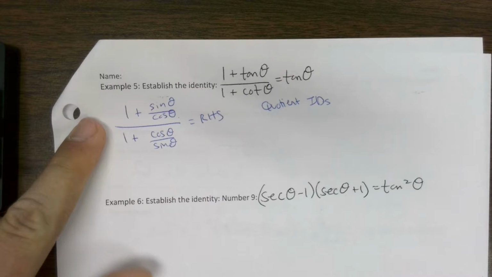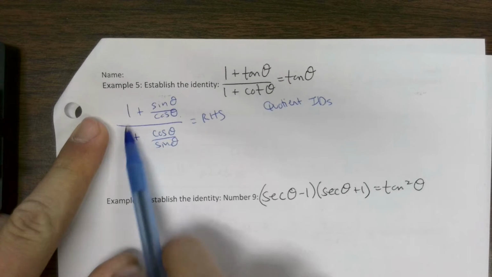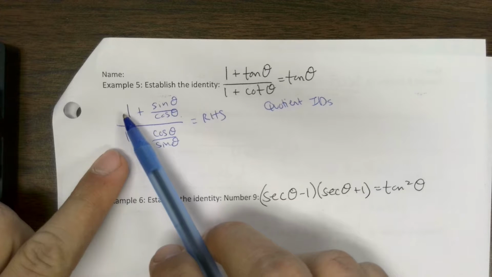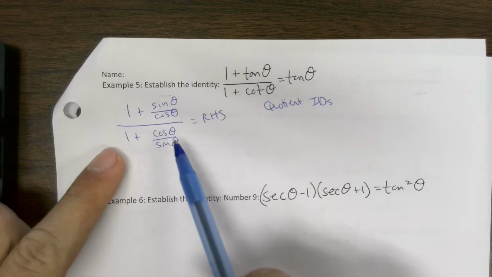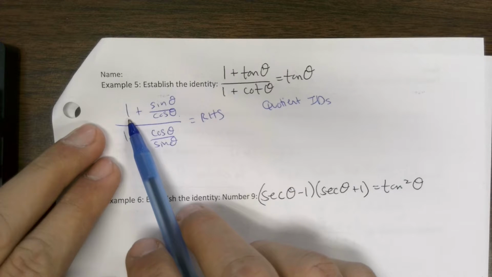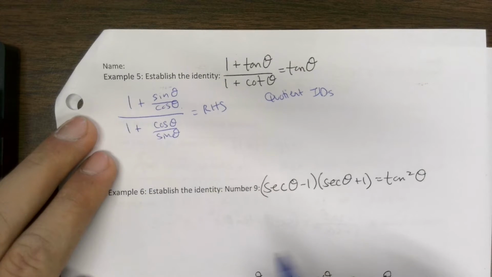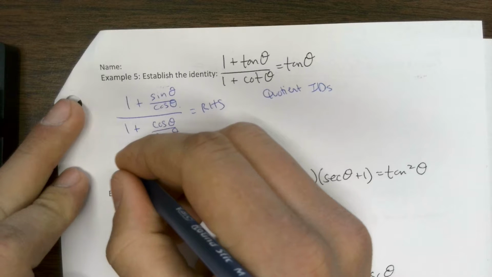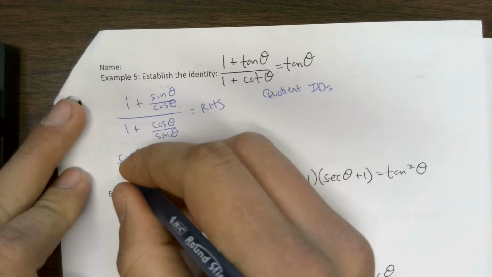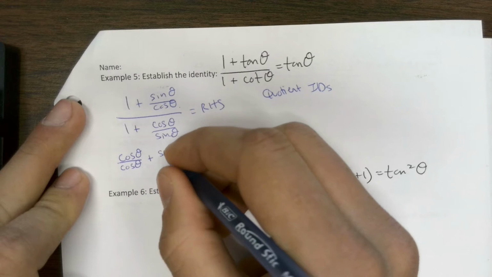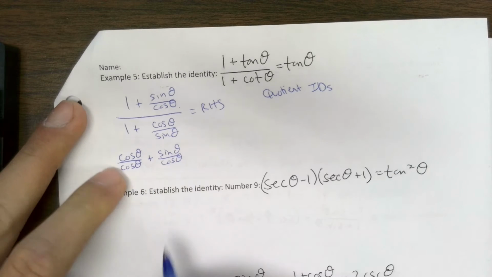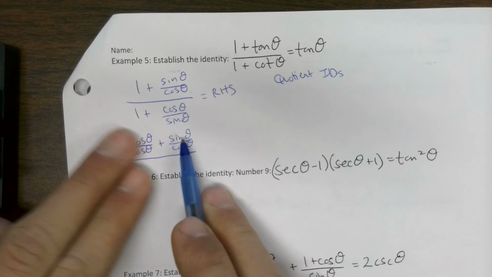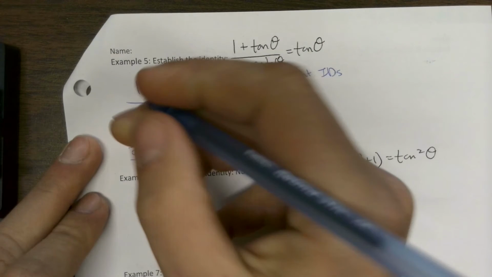So now what I want to do is squeeze this all down, and to do that I need to be able to combine the terms on the top and combine the terms on the bottom. So I know I need a common denominator, so I'm going to multiply this 1 here by the cosine. So I have cosine theta over cosine theta plus sine theta over cosine theta, right? Cosine over cosine is still 1. And then I need to multiply this 1 by the sine to get common denominators.